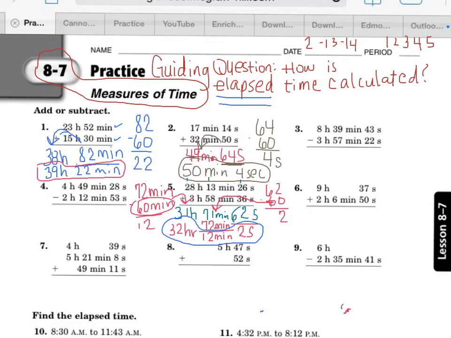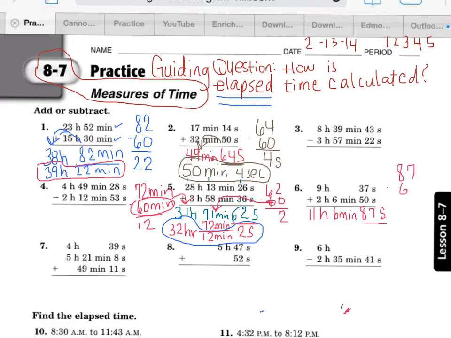Let's add the seconds together. 87 seconds, 6 minutes, and this is 11 hours. Okay, do we see some groups of 60 that we can take out? Right here, 87 seconds is over 60. By how many?